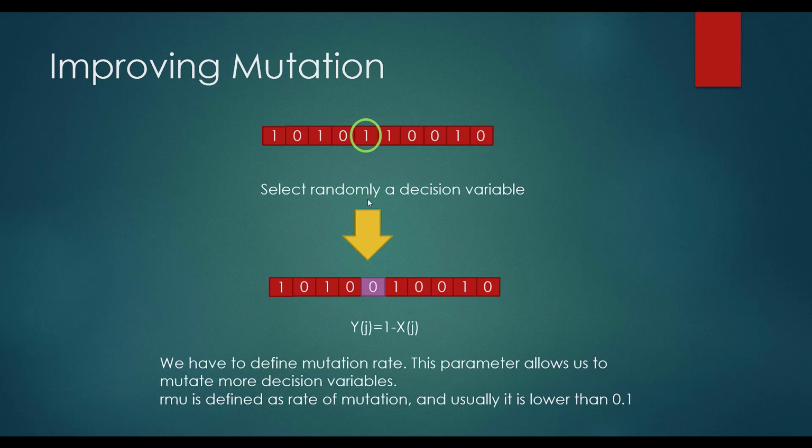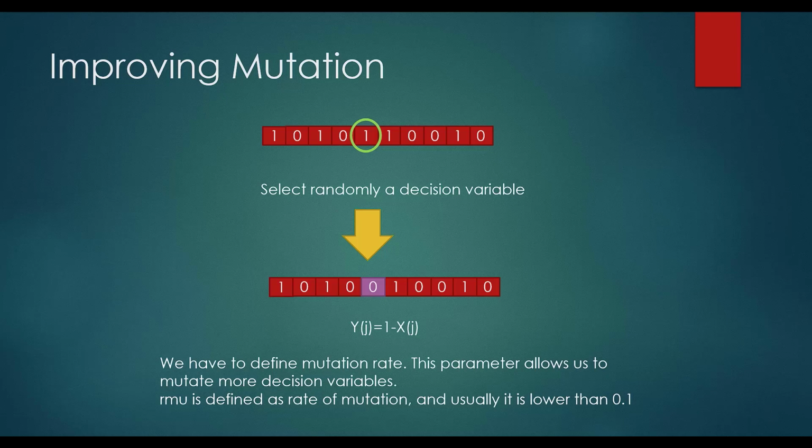In this session we want to select more than one variable, so we have to define a new parameter called rate of mutation. This tells us what percentage of variables should be mutated. We define this parameter as RMU, then determine the number of variables we want to mutate.